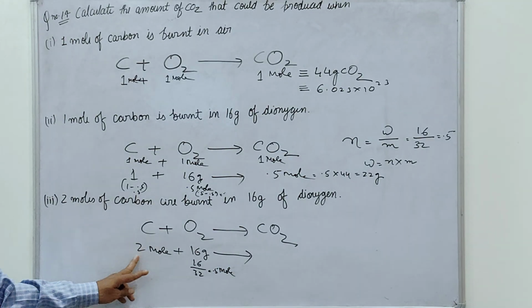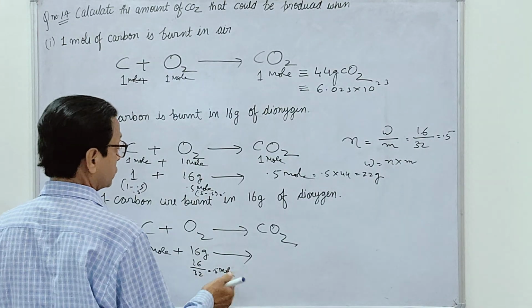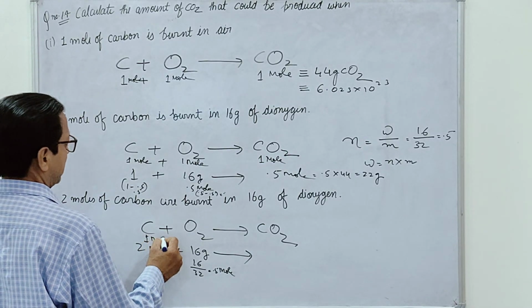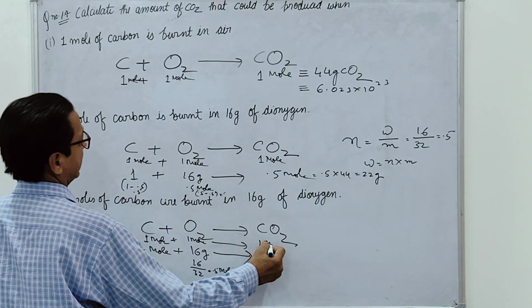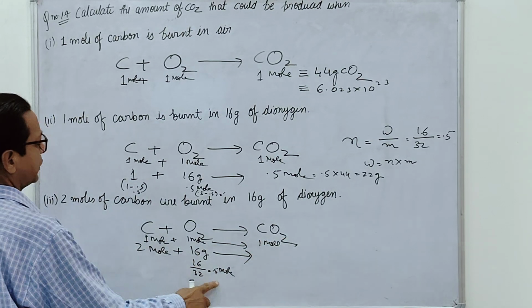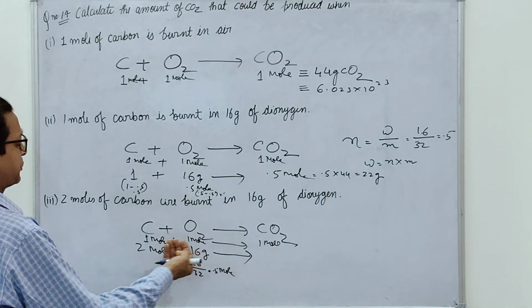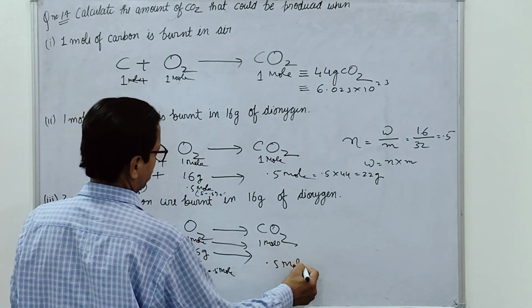So 2 mole of carbon reacts with 0.5 mole of oxygen. According to the equation, 1 mole of carbon reacts with 1 mole of oxygen to give 1 mole of carbon dioxide. But in this reaction, only 0.5 mole of O2 is present. So 0.5 mole of oxygen will react with 0.5 mole of carbon to give 0.5 mole of CO2.